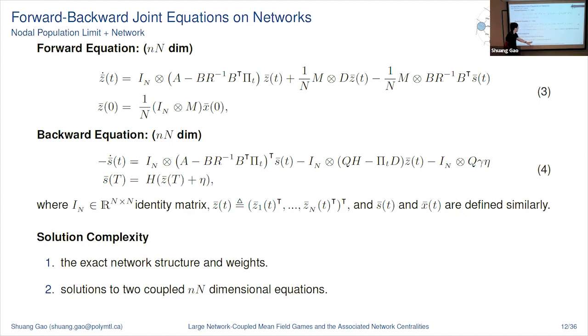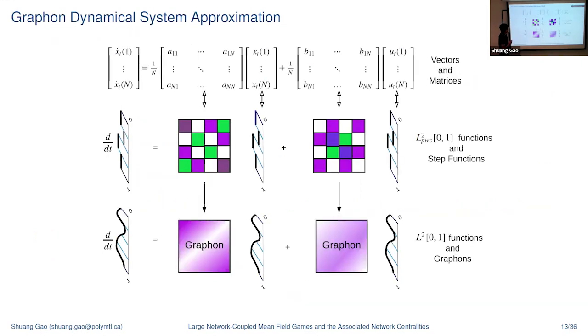Also, when you look at each of these equations, their dimension is small n times capital N, where small n is the state dimension for each individual agent, and capital N is the total number of agents. If the product is large, you need to figure out ways to reduce the complexity. So we use the idea of graphon approximation.